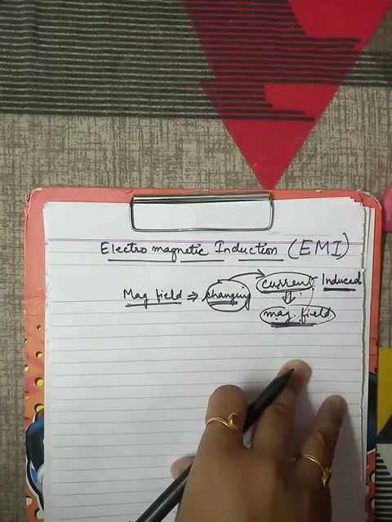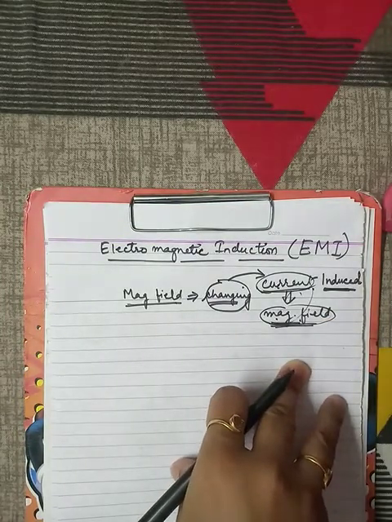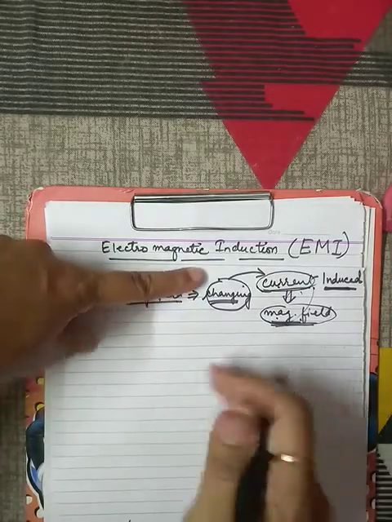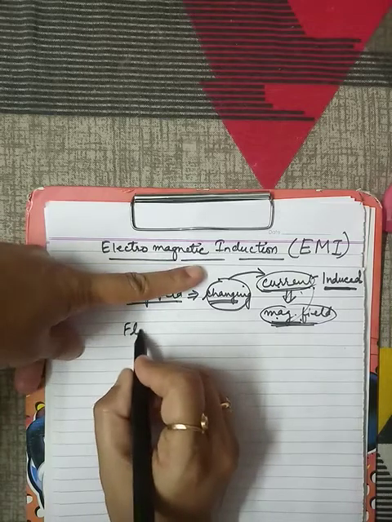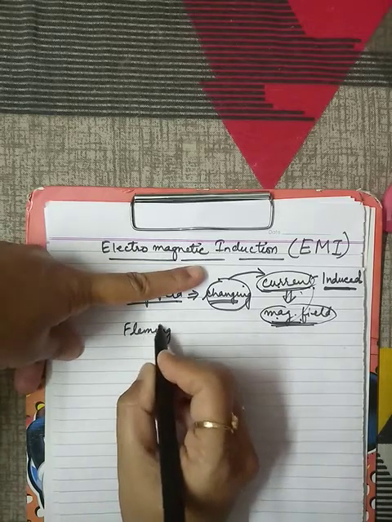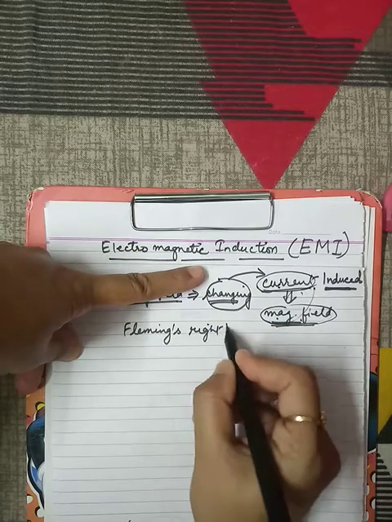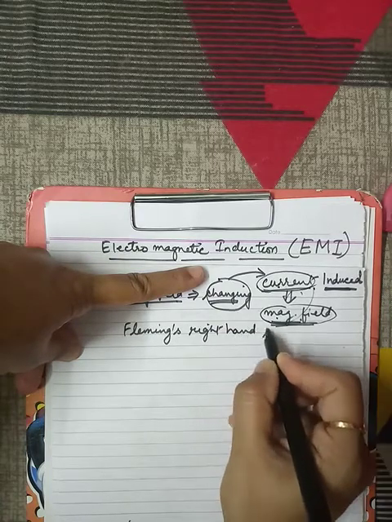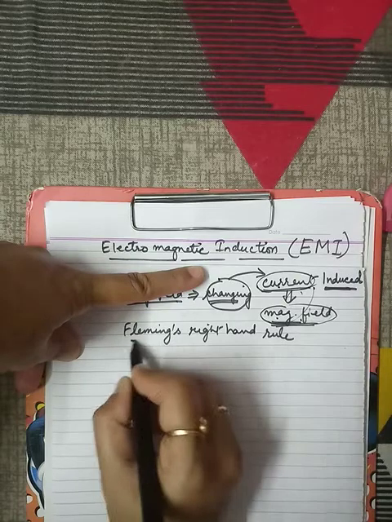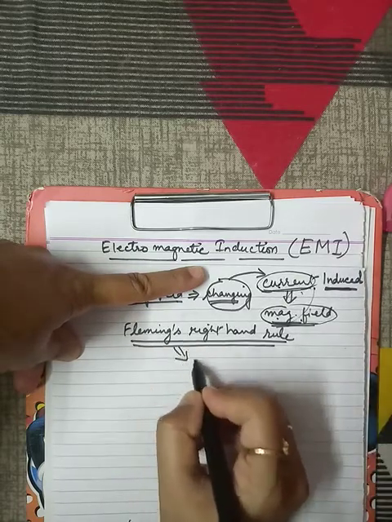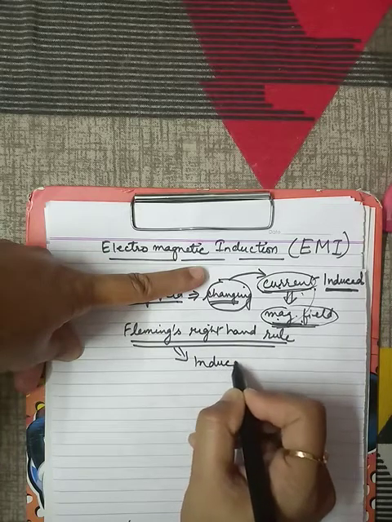This induced current has a particular direction, so that direction can be given by a rule that is given by Fleming again, that is Fleming's right hand rule. Fleming's right hand rule gives me the direction of induced current.